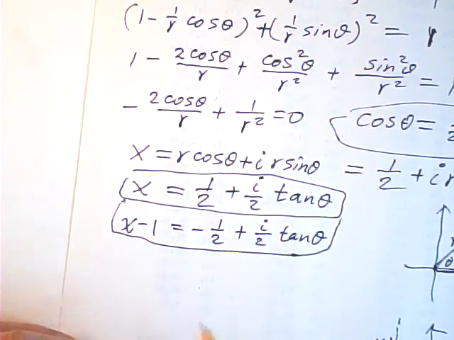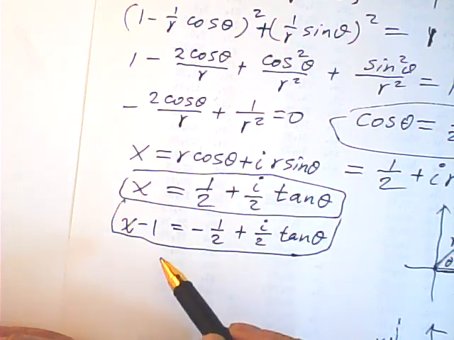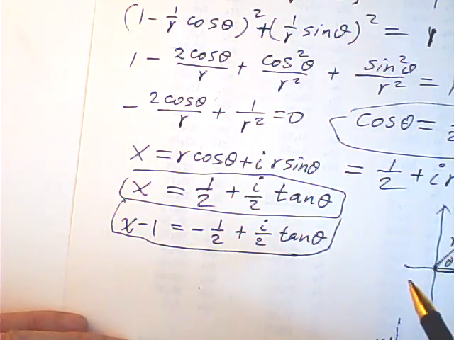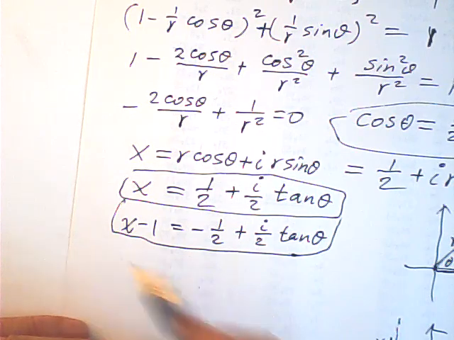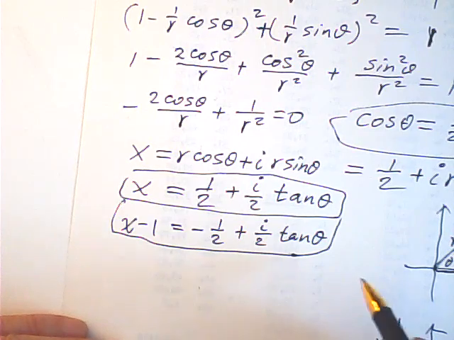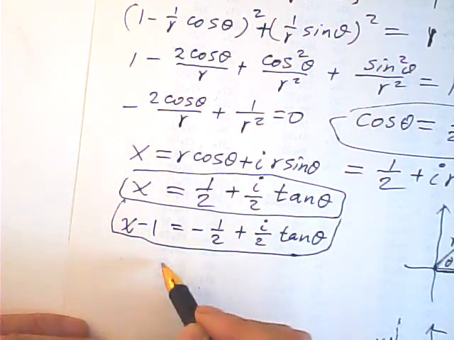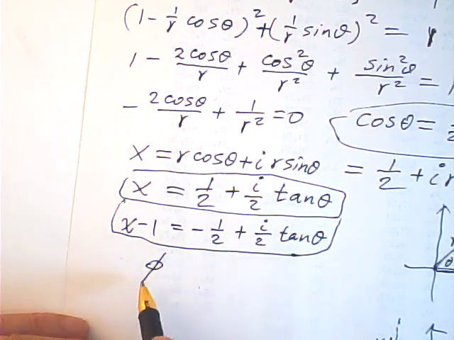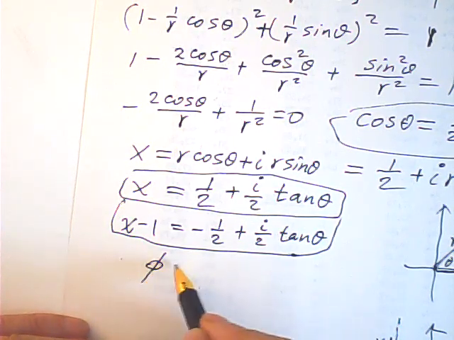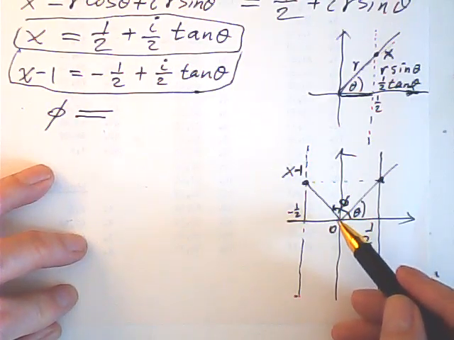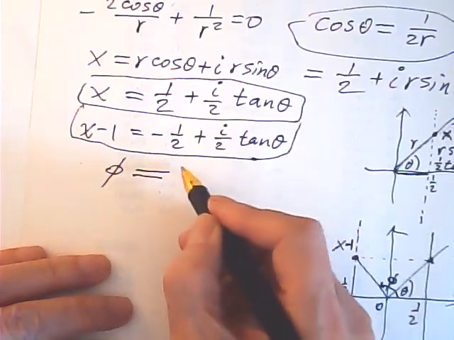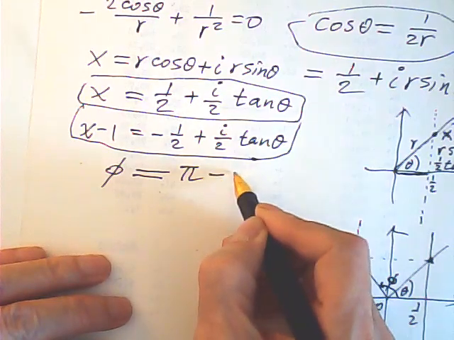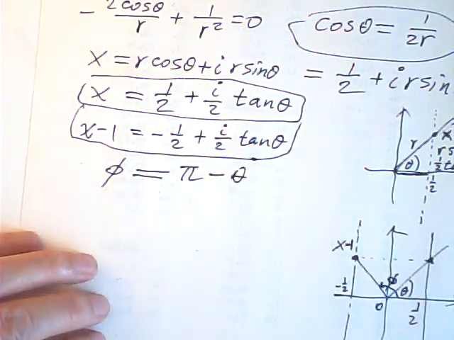So in other words, phi is equal to pi minus theta, right? Pi minus theta.